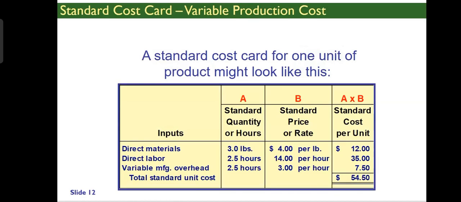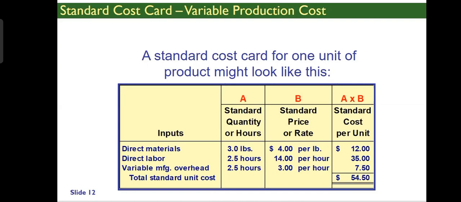So a standard cost card will look like this. First you say direct material, 3 pounds, where each pound is $4. So it means that $12 is direct material. Direct labor could be 2.5 hours, where each hour is $14, and the cost of labor is $35. And then you have variable manufacturing overhead, 2.5 hours times $3.